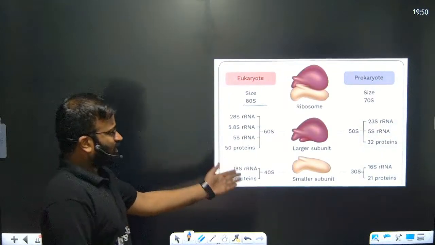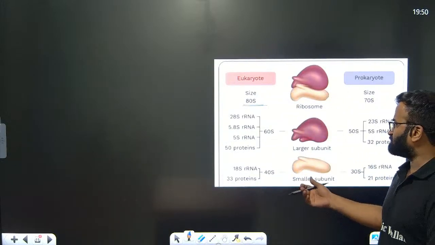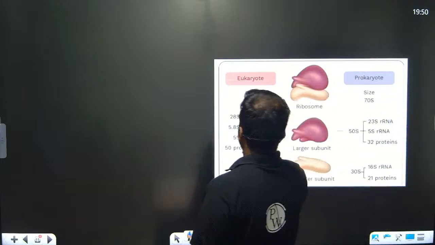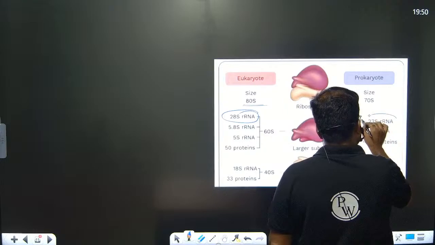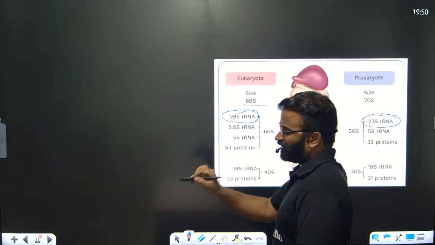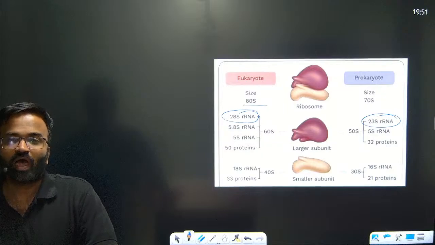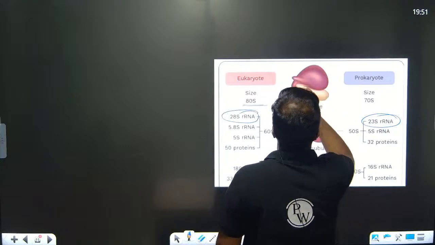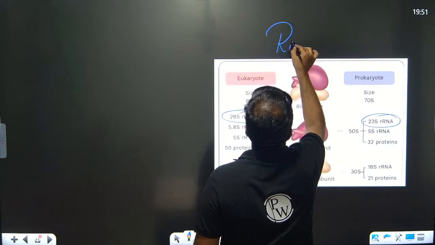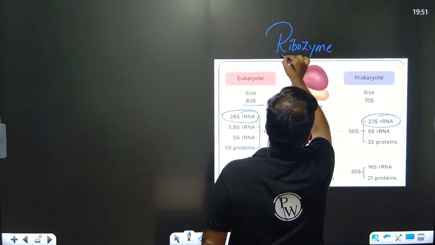One should remember, especially this part, 28S rRNA and 23S rRNA. Why am I specifying these two? You might have studied something called a ribozyme. What is a ribozyme?